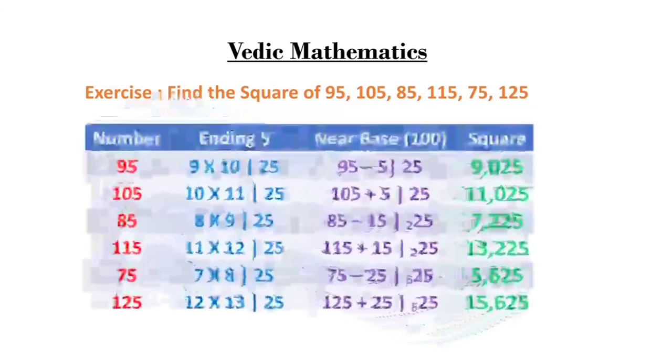We have a table here to show arriving at the answers by the two different methods we studied. Column 1 has the number for which we are finding the square, that is our question. Column 2, finding the solution by squaring the number ending with 5. Column 3, squaring a number near base. Base is 100. Column 4, we have the solution.